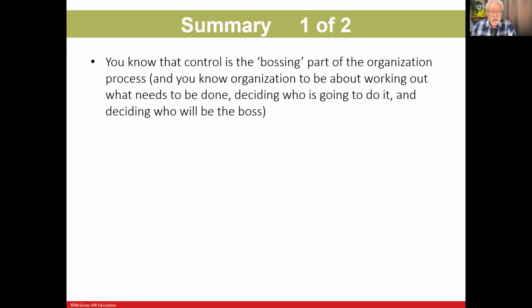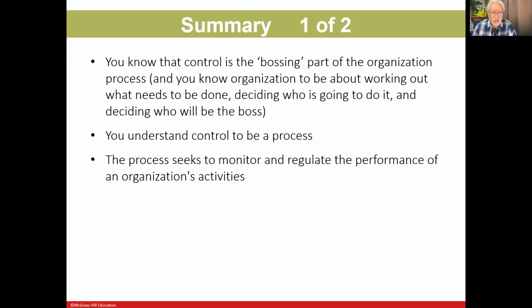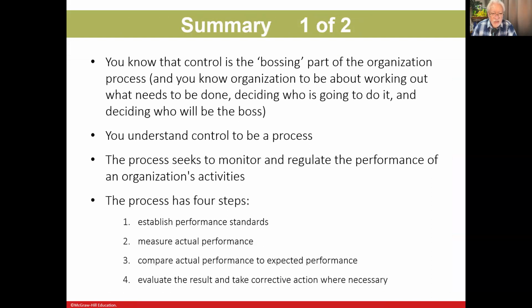So, in summary, control is about bossing people about, and that is a process, and the process is about monitoring and regulating the performance of the activities the enterprise performs, and there are 4 steps in that.